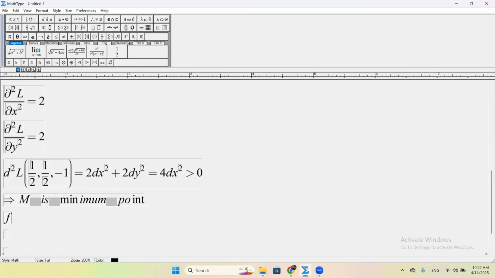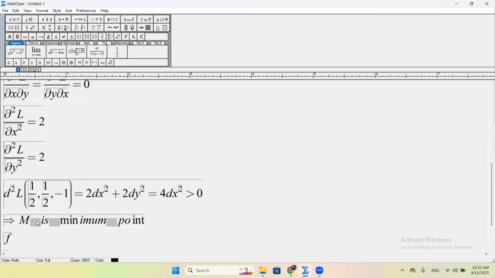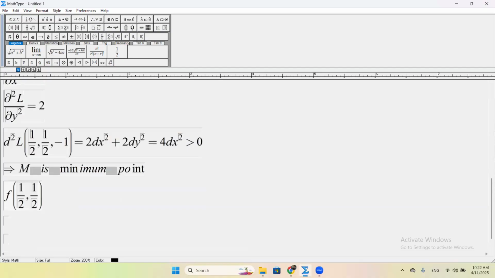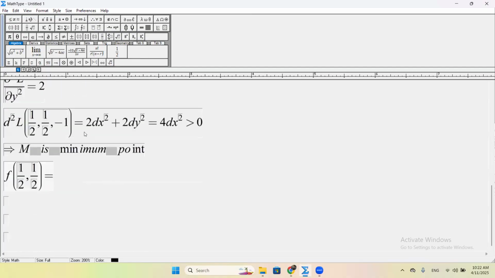Also let's calculate f at this point, 1 over 2, 1 over 2. So 1 over 4 plus 1 over 4 equals 1 over 2. So it's done. Any questions about this exercise?